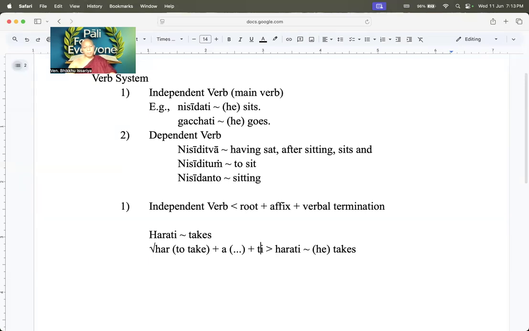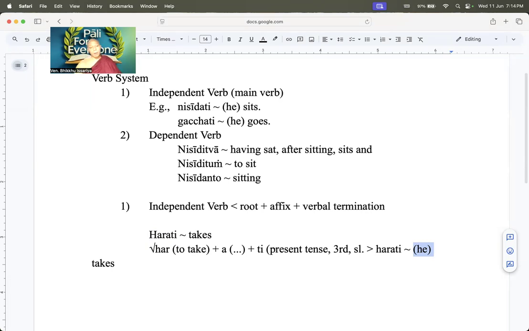But the verb termination ti is present tense, and also third person, singular number. So because of that, even though there is no subject in the word harati, the sense of he, or she, or it, that person singular, can be understood. So here he is just a sample. Okay, he takes, in this way.